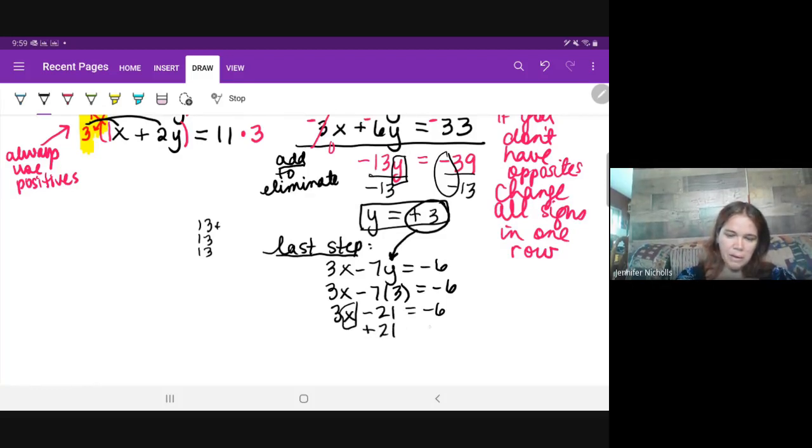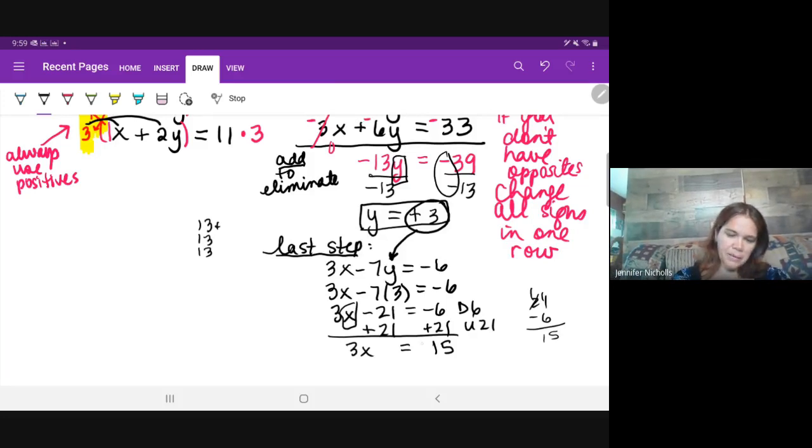Add 21. Down 6, up 21. Right, you have to subtract because they're different signs. Okay. 15 positive, right? Divide by 3, x equals 5.